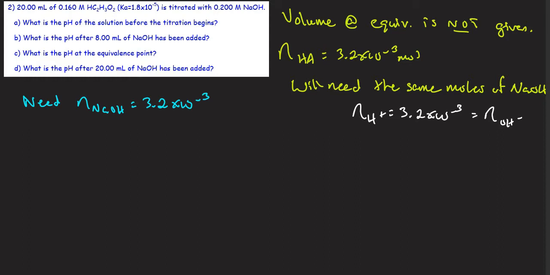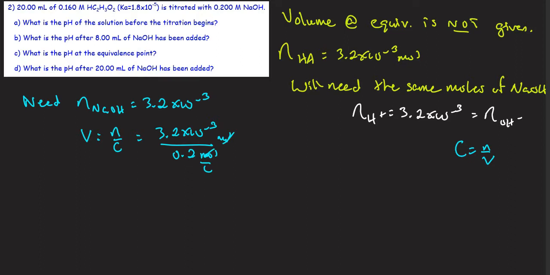So what is our volume? We know that volume is moles divided by concentration. We know moles, 3.2 times 10 to the minus 3. The concentration of base given to us in the question is 0.2 moles per liter.